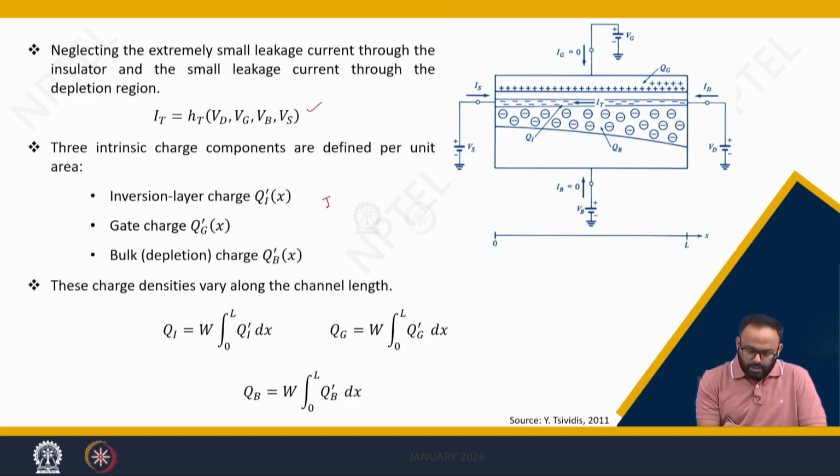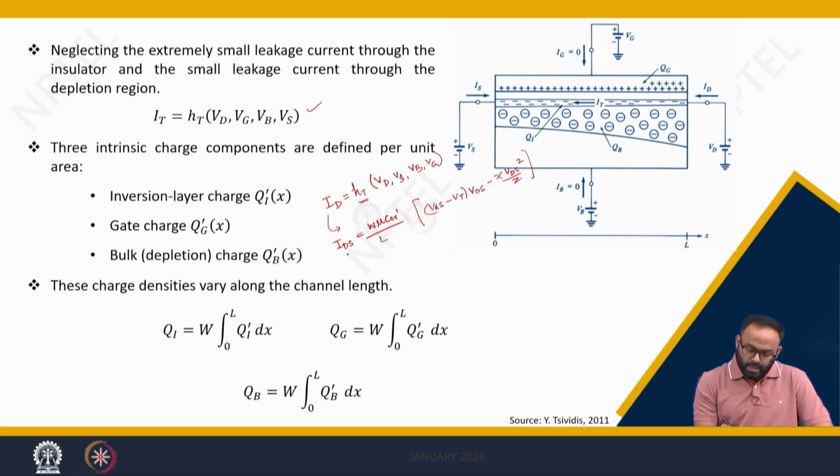In general, we showed the terminal current with some function ht, where ht is some random function of transport, and the current is ultimately related with the terminal voltages as Vd, Vs, Vb and Vg in closed form. For example, if I write the drain current equation for either saturation or non-saturation, let me write for non-saturation, it is W into mu into Cox dash divided by L into Vgs minus Vt into Vds minus alpha times Vds square divided by 2.